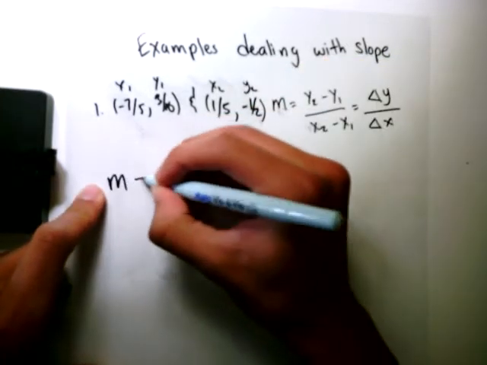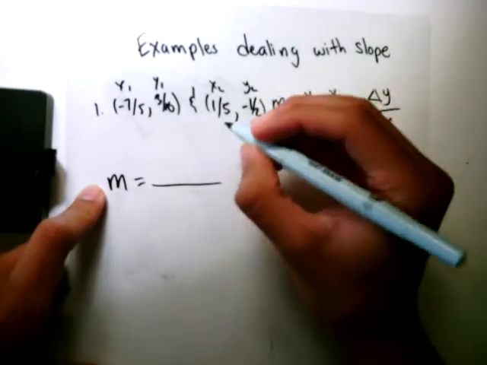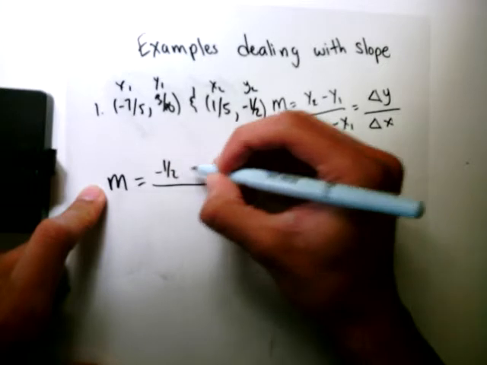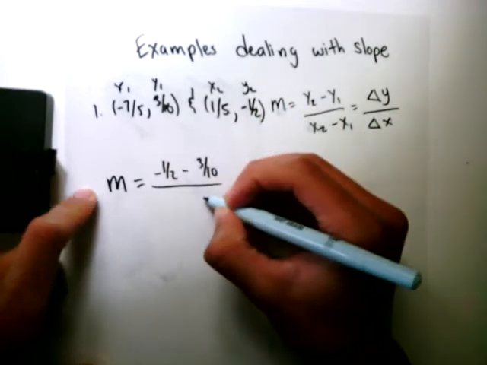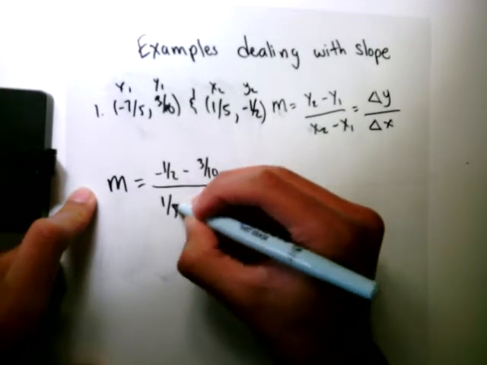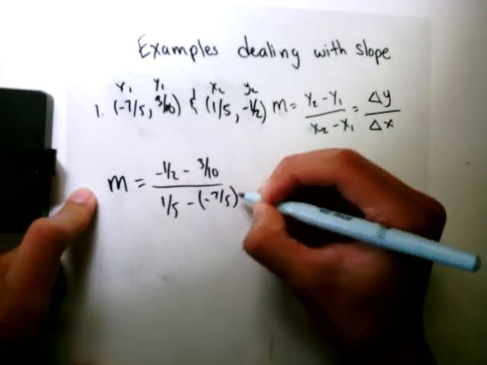Plugging this directly into our equation for slope, we plug in our y2, which is -1/2, minus our y1, which is 3/10, over our x2, which is 1/5, minus a negative 7/5, which is our x1.